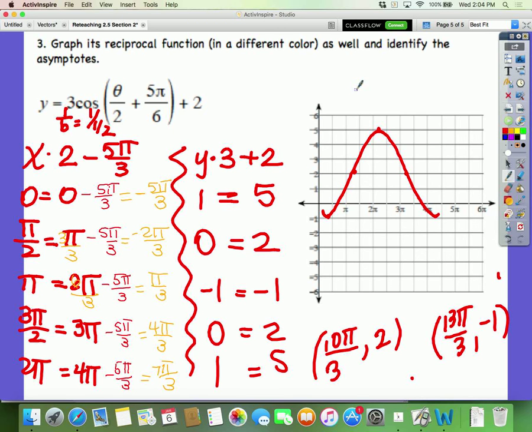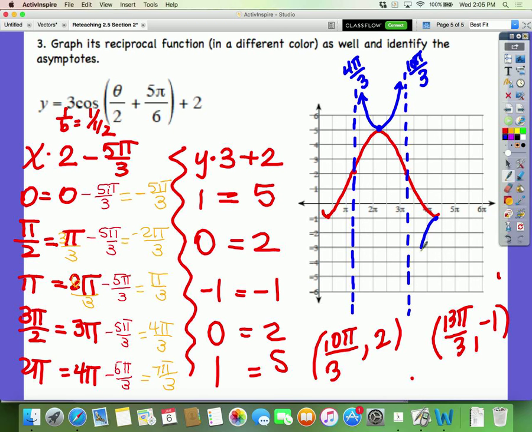So I have an asymptote here at this value. What was that x value? And where's my other asymptote? And remember, wherever there's a max, you have a parabola going up.